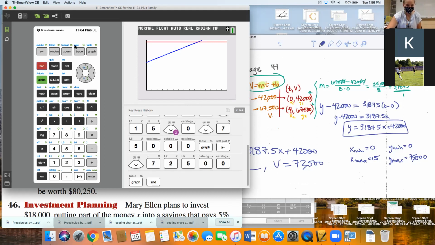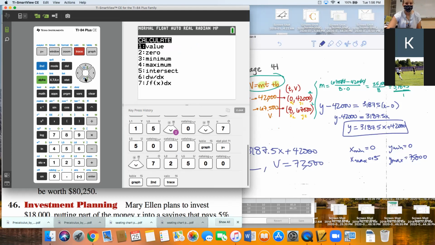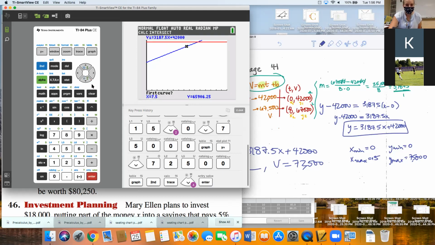I go to second trace and go to intersect. How comfortable are you guys with the calculators? Comfortable enough to do this? If not, then we'll have to work outside of class, and that's totally fine. Okay, thank you. Let me know, we'll set something up. I have to do one line, enter, other line, enter, and then I scroll to where I think that they connect at.